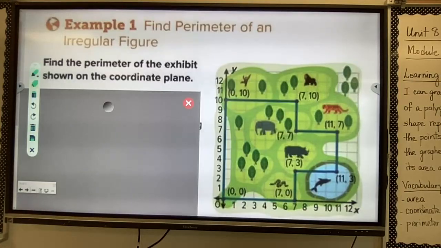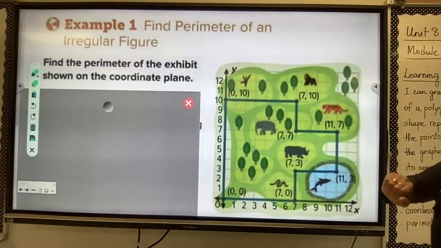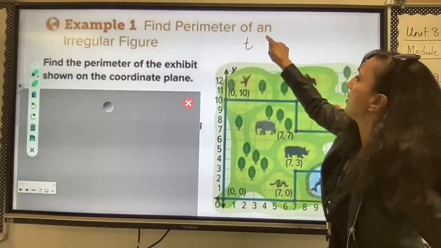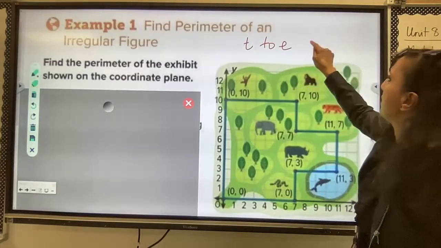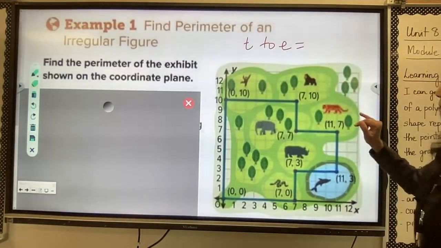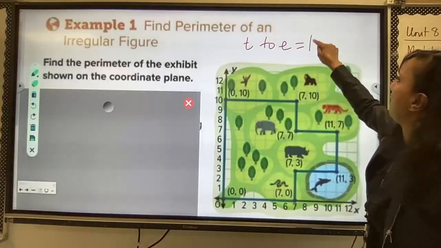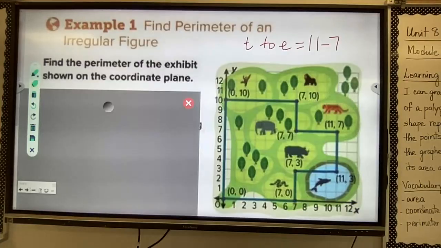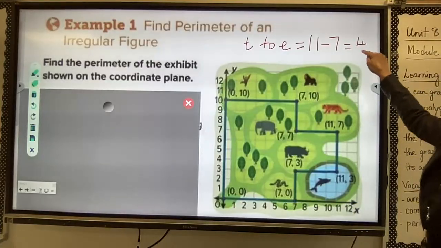You can find the lengths of the horizontal line segments by subtracting the x coordinates. So tigers to elephants is 11 minus 7, and I'm going to get 4.